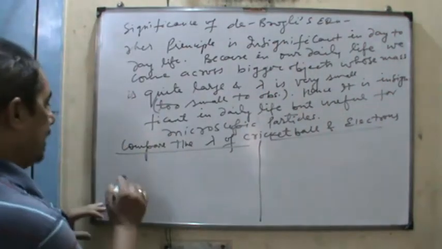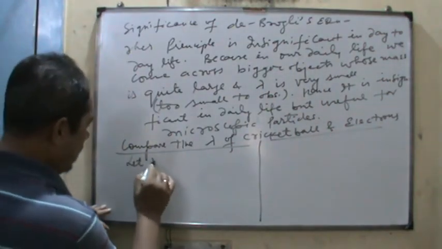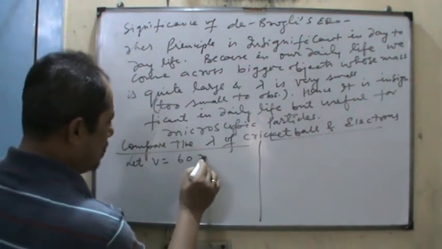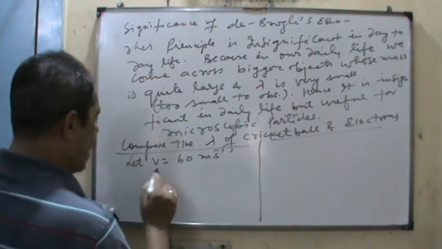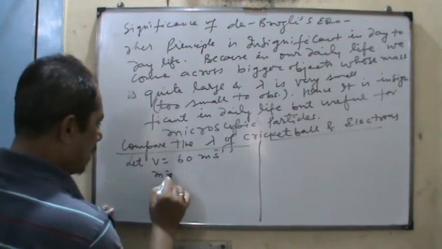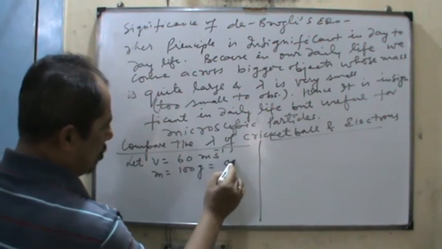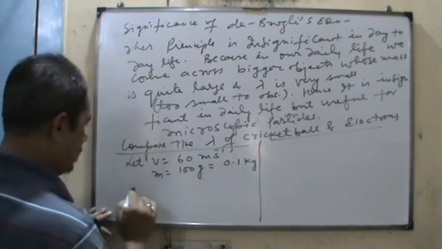So first of all, let v be the velocity of the cricket ball, 60 meter per second, and the mass of the cricket ball is 100 gram, which is 0.1 kg.